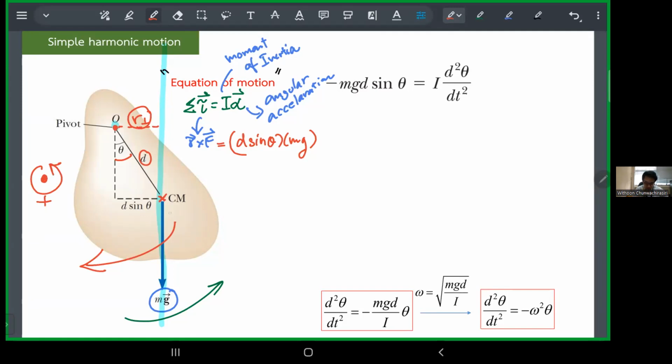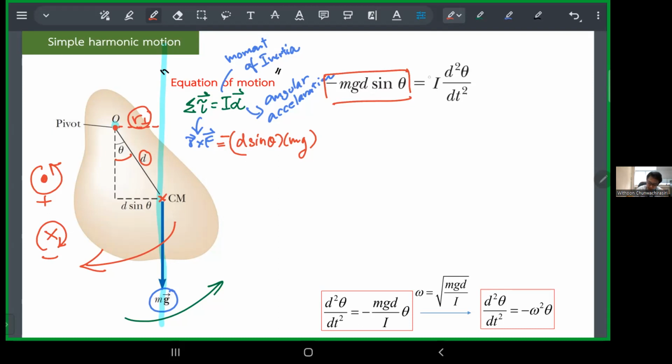Then that means the torque by the mg is doing the clockwise rotation, so it's going to go into the page. That is going to be your negative direction, and that's why I want to put the negative sign here. That's why your left-hand side looks like negative mgd sine theta. Isn't that nice?